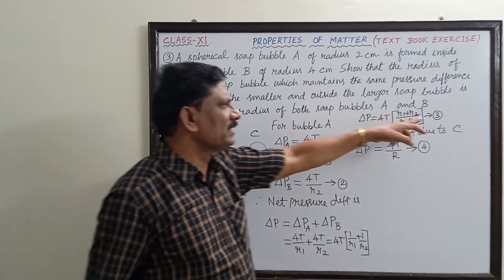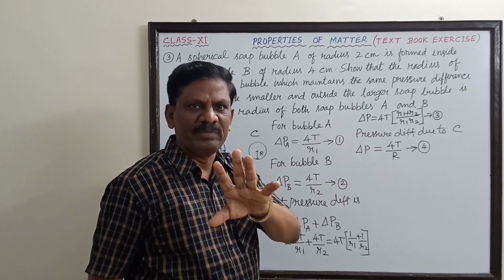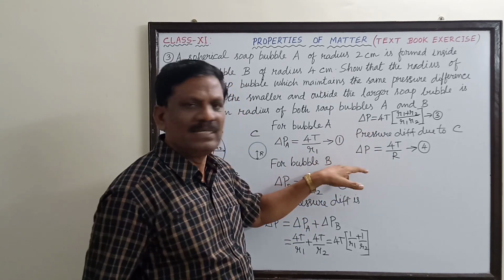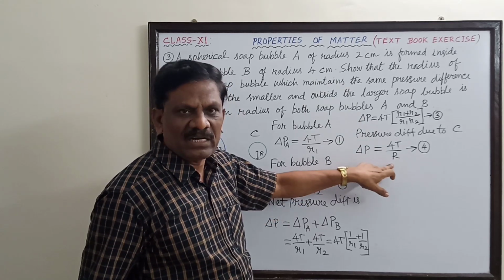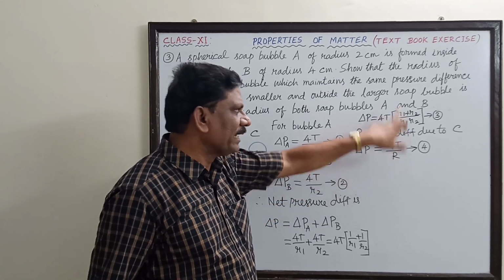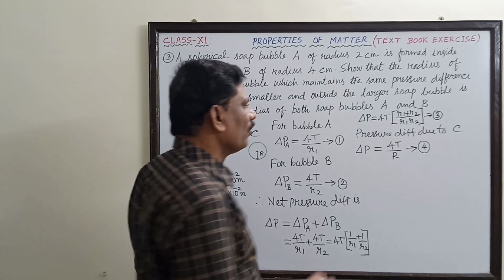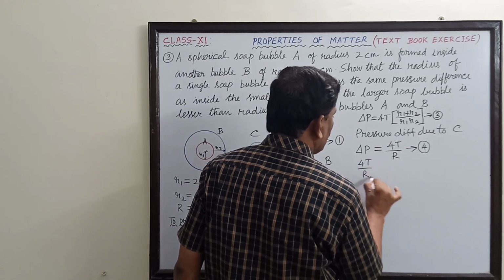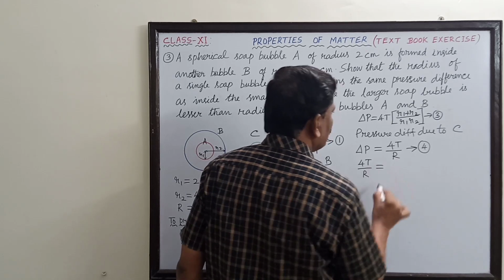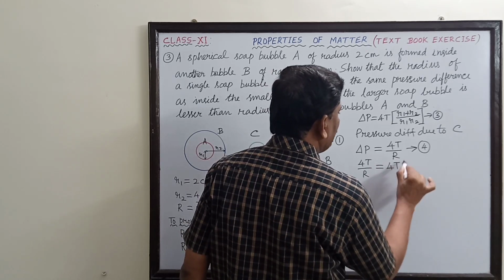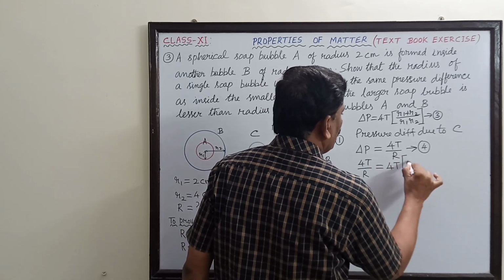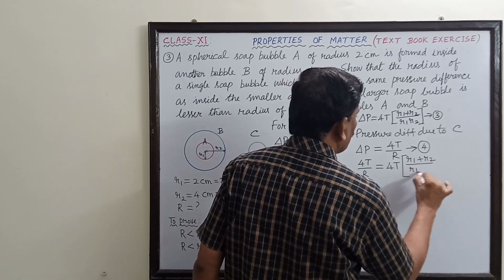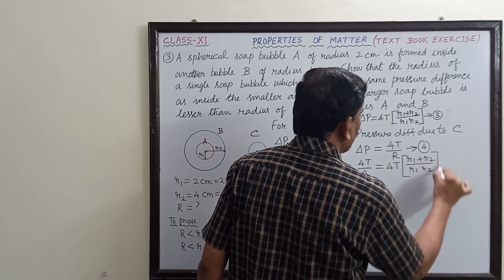Now look at equations 3 and 4. The left hand sides are the same because the pressure difference between the two systems remains the same. I have to find R, so I am going to equate the right hand sides of equations 3 and 4. So 4T by R is equal to 4T into (R1 plus R2) divided by R1 R2.